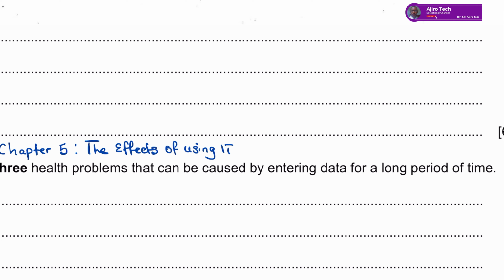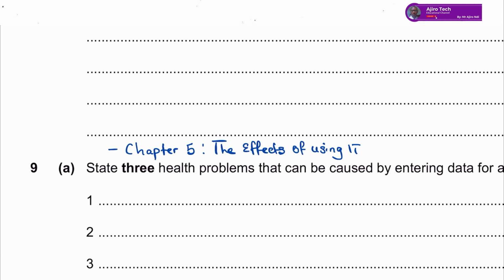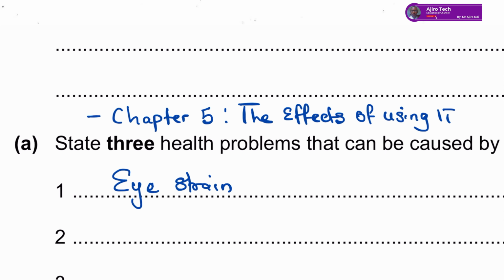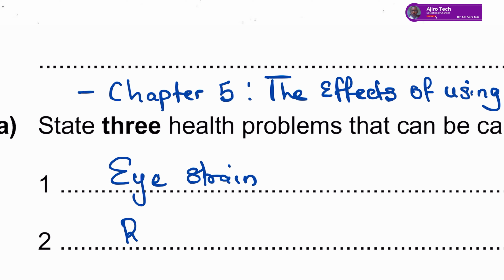When you enter data for a long period of time, you probably start seeing what we call an eye strain. And what is the cause for the eye strain? That is when you're staring at a computer screen for a long period of time. You start seeing what we call the RSI, which is called the repetitive strain injury.